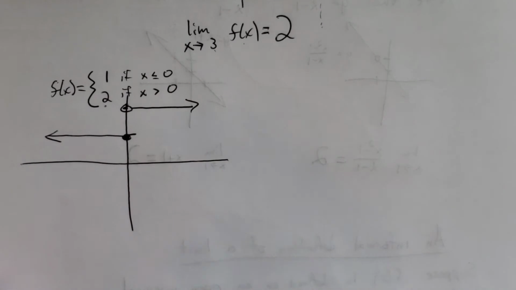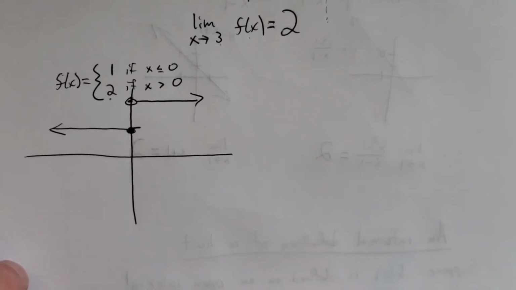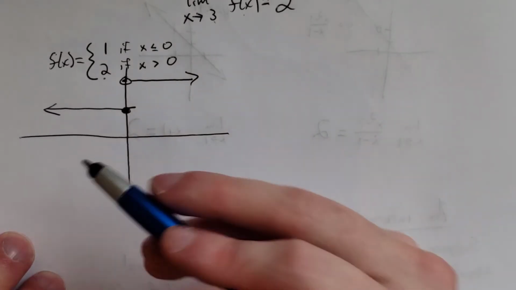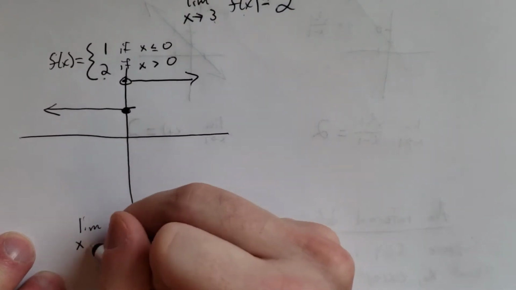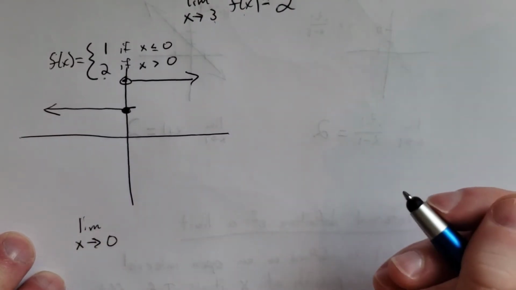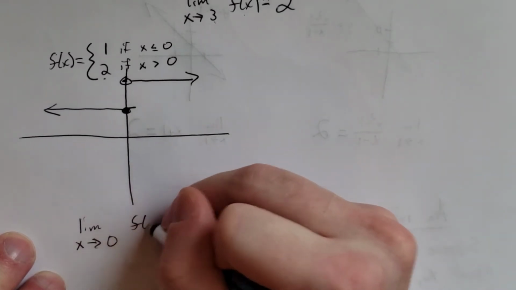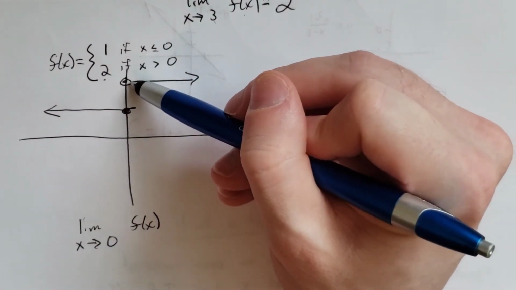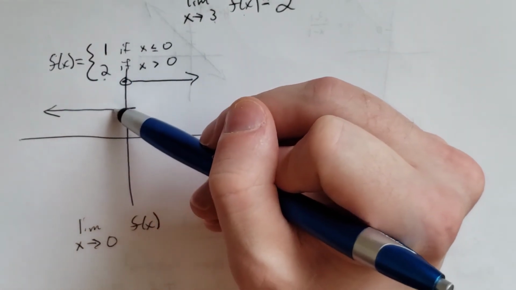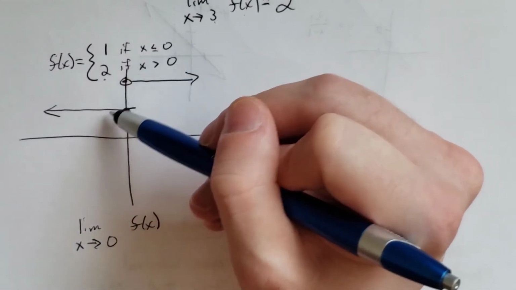Well, what is the limit as x approaches 0 of this function f of x? Well, as we approach 0 from the right, we go to 2, and as we approach 0 from the left here, we go to 1.